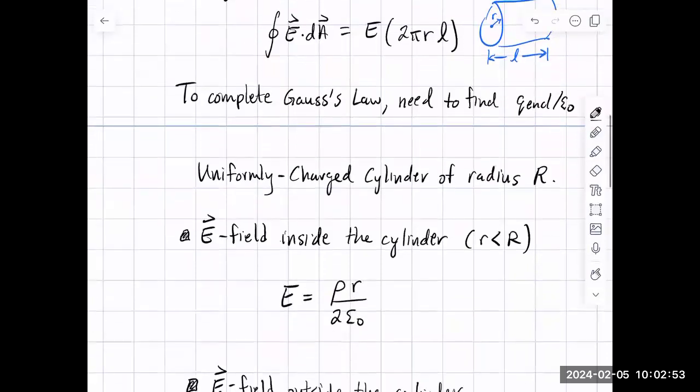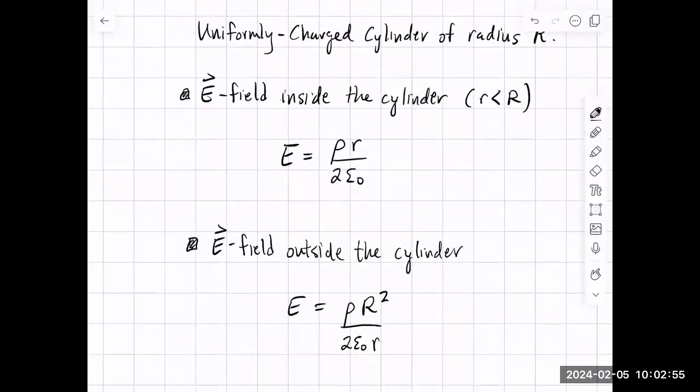And we got the following results. For a point inside the cylinder, E was equal to the charge density rho times the position r divided by 2 epsilon naught. And then when we were outside, we got this other result, which involved the radius capital R of our charged cylinder.